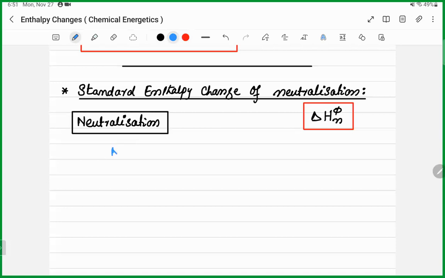Okay, see, let's suppose you have HCl plus NaOH. All these are aqueous solutions. Sodium chloride plus H2O. Okay?